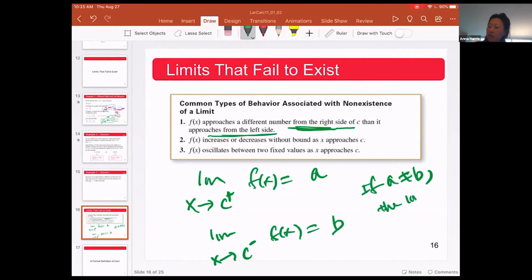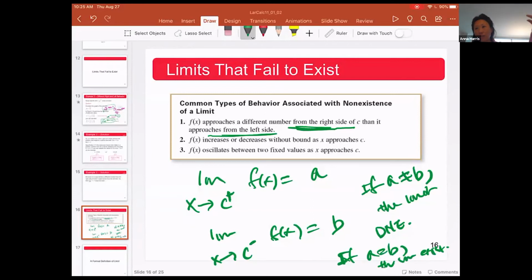The limit does not exist. But if A and B are the same, what are you going to say? You're going to say the limit exists.